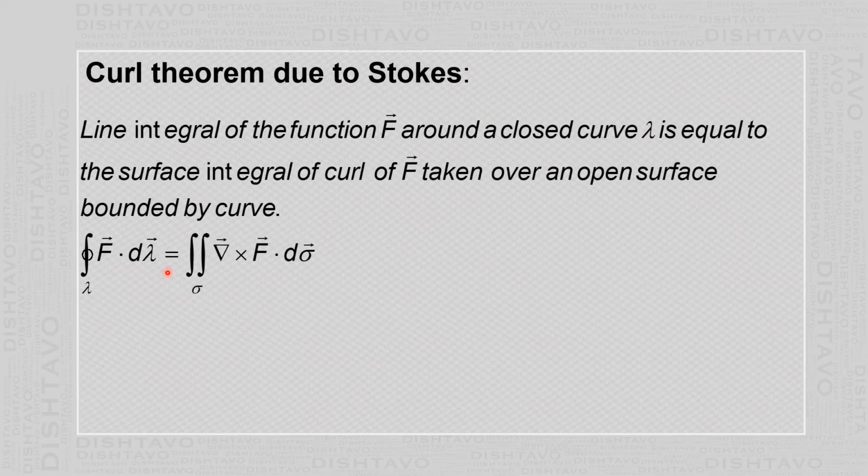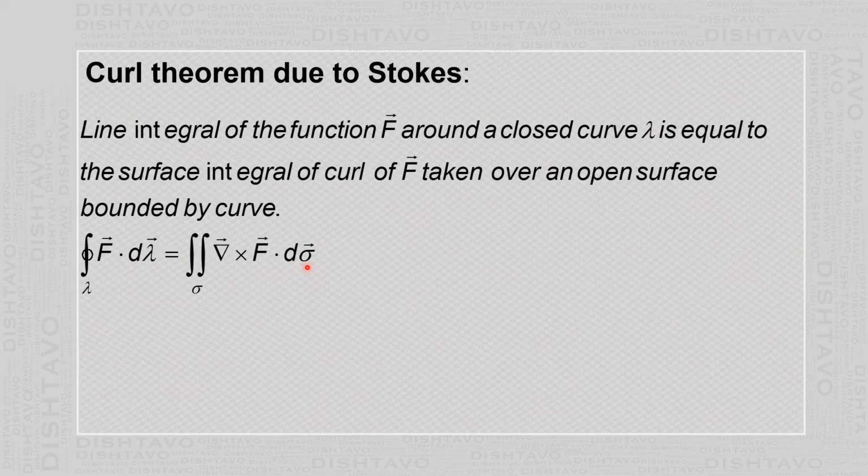Now that is equal to, on the right hand side, a surface integral. Surface integral is a double integral. To show that it is a surface integral, we write a sigma. And it is the surface integral of the curl of the function. So that is del cross f. Now for this d sigma, a small change in the area should be there.